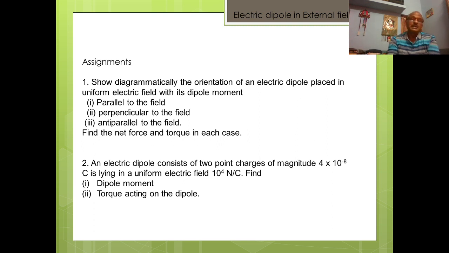Here we can create a question from the first part of the chapter, that is frictional electricity. When we rub a comb over our dry hair, it attracts a piece of paper. Why does it attract? The paper is not charged, but the comb is electrically charged due to friction.